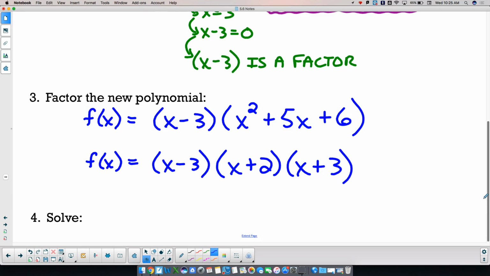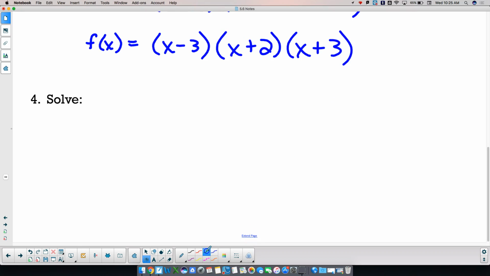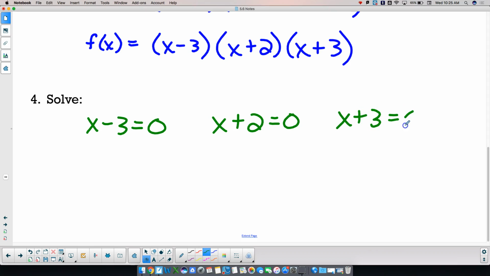So now what I have to do is take my factored form and set my factors equal to 0. Any ideas on what we're going to do from there? We're just going to solve all those.